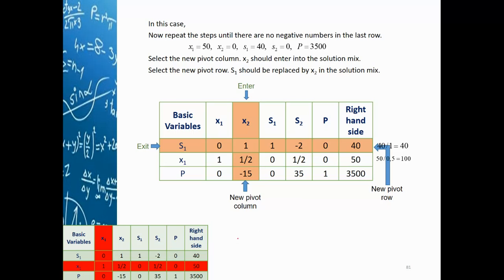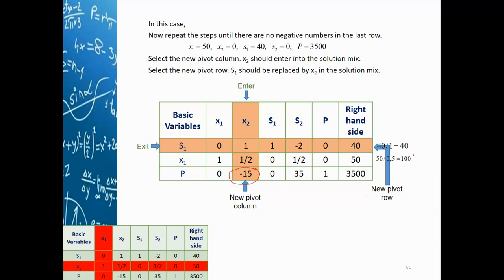In this case, for example, I can go quite quick. This is now your pivot column, your most negative value, and the same thing happens here. This one is 0.5.